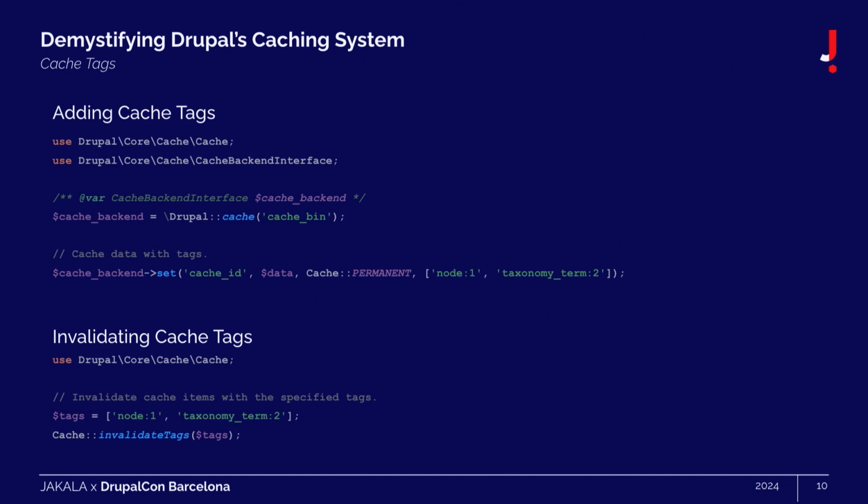If this method is called, it will invalidate the cache tags that are passed as an array. By the way, Drupal out of the box handles this brilliantly, but we can get it wrong if we add some custom logic.